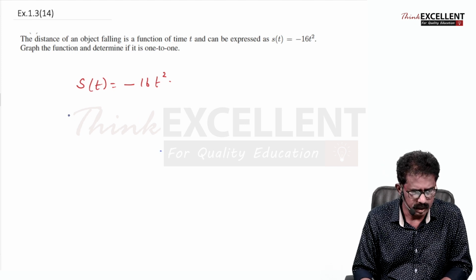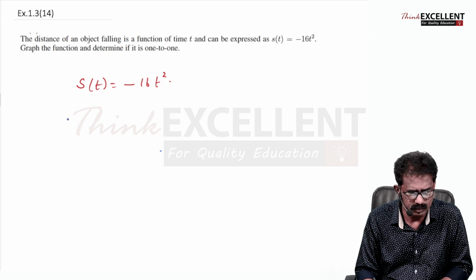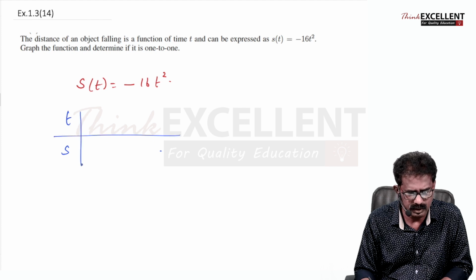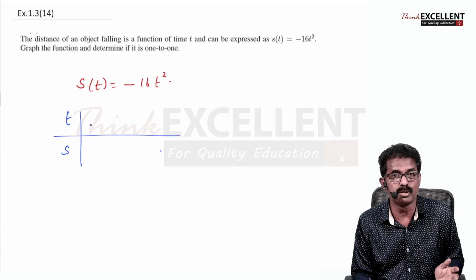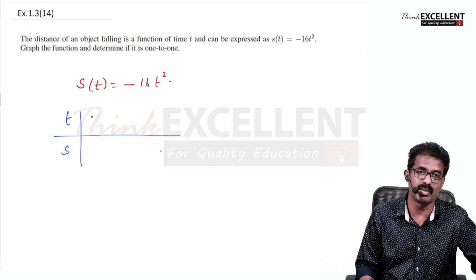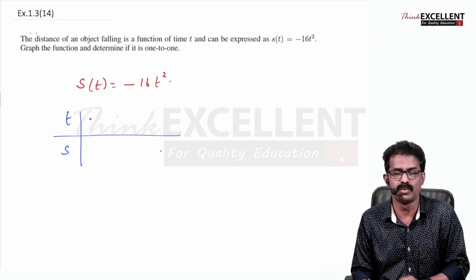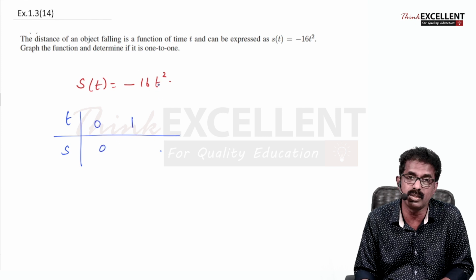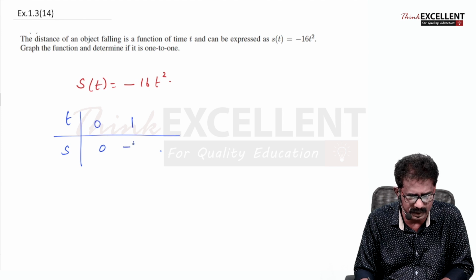So first we draw a table. For x and y, here it is t and s, right? First, for time, you can't give negative values because time cannot be negative. So you can't start like -3, -2. So you give 0. For time 0, 0 square is 0. Give 1, 1 square is 1, 1 into -16 is -16.